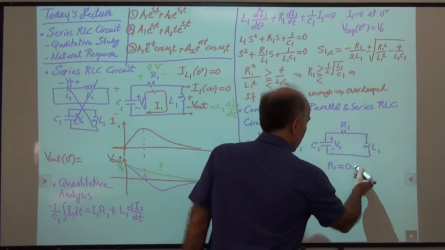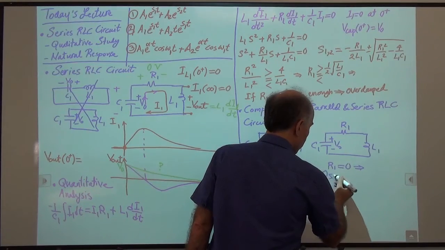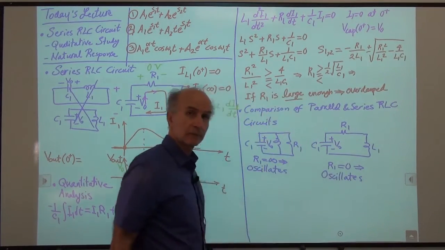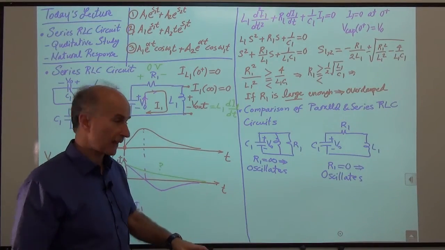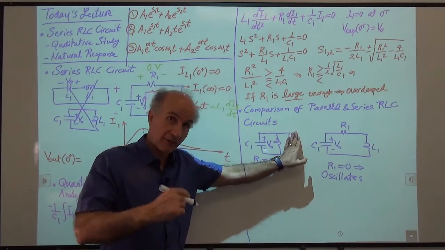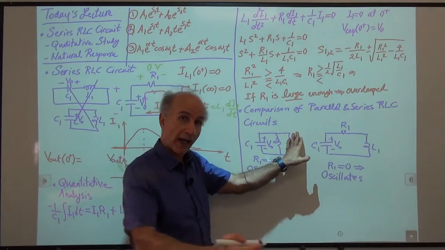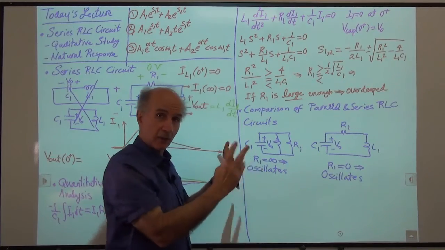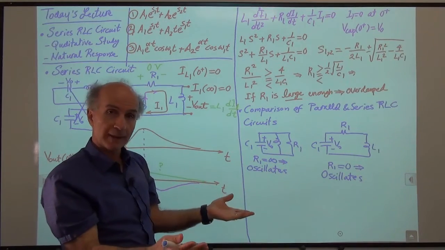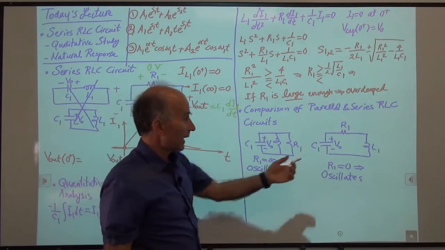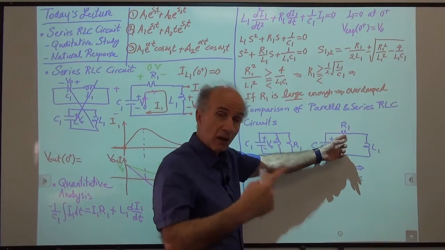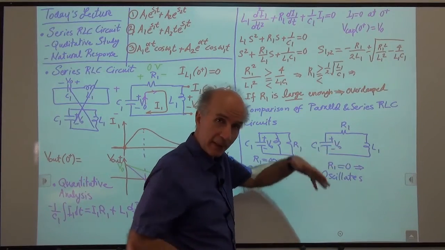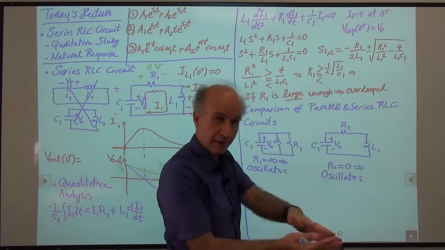So we say it oscillates forever. All right? So it's important to understand that if this parallel resistance is infinite, and if this series resistance is 0, these two circuits are one and the same. They're identical, right? And of course, they both oscillate. But now, if R1 is not 0, if it's some larger amount, it begins to dampen that oscillation, right? It begins to kill that oscillation.